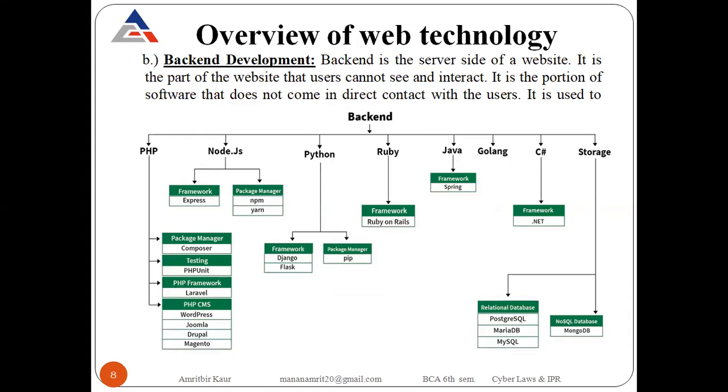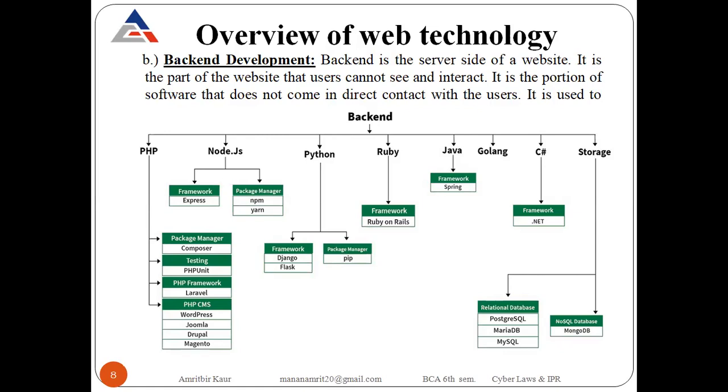Then back end development is the server side. Backend is the server side of a website. It is the part of the website that the user can't see and interact with. It is the portion of software that doesn't come in direct contact with the user. In backend, we can use PHP, Node.js, Python, Ruby, Java, Golang, C Sharp.